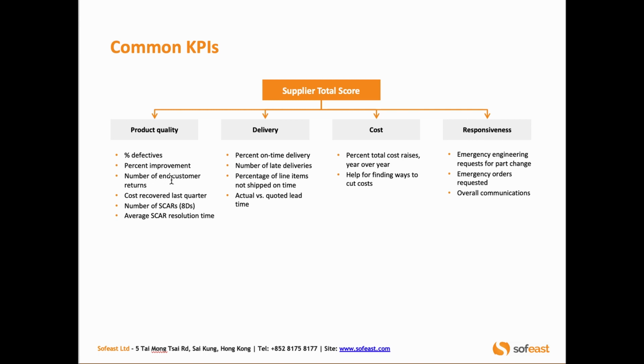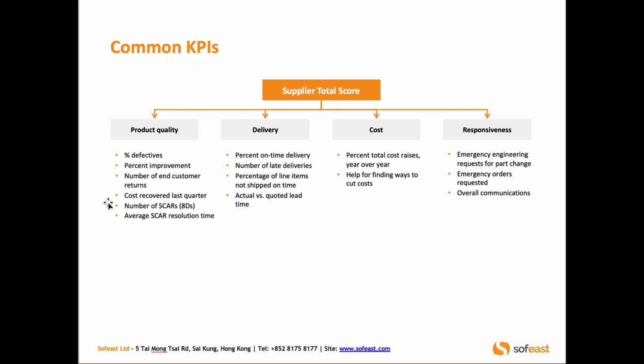Also, some of the customers will tell us what their end customers return to them. This is very interesting for us, and we can sometimes say all of this is because of supplier A or supplier B. The cost recovered: when we have big quality problems, we might charge it back to the supplier.